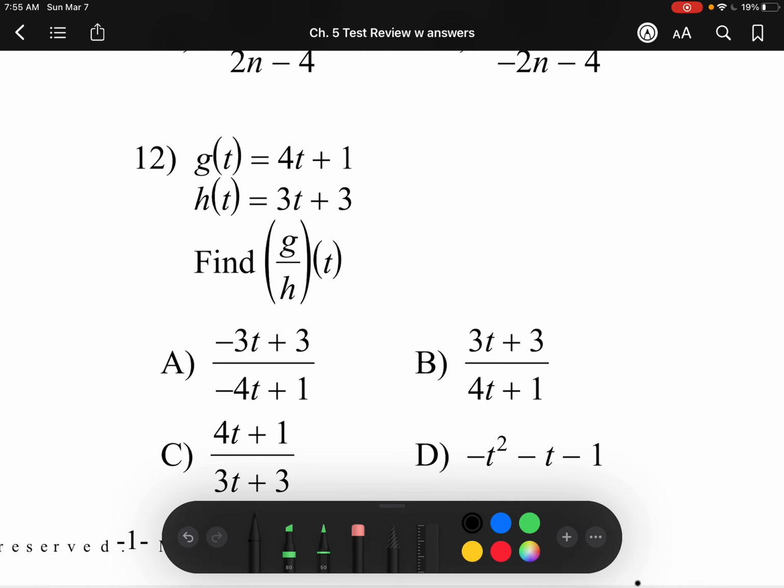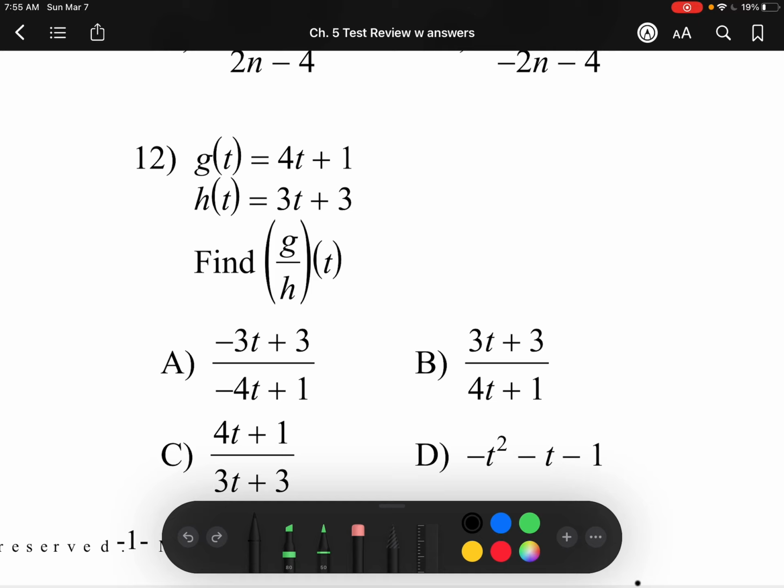So for number 12, we're given two functions again. G of t is equal to 4t plus 1. H of t is equal to 3t plus 3. So it tells us to find g divided by h of t, right? Again, if you look at these, they don't share any factors, and you can't factor anything out of them.